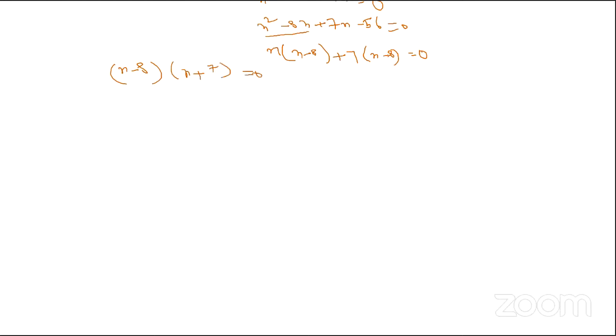That means n minus 8 equals 0 or n plus 7 equals 0. So n equals 8 or n equals minus 7. The negative value will be neglected, n equals 8.